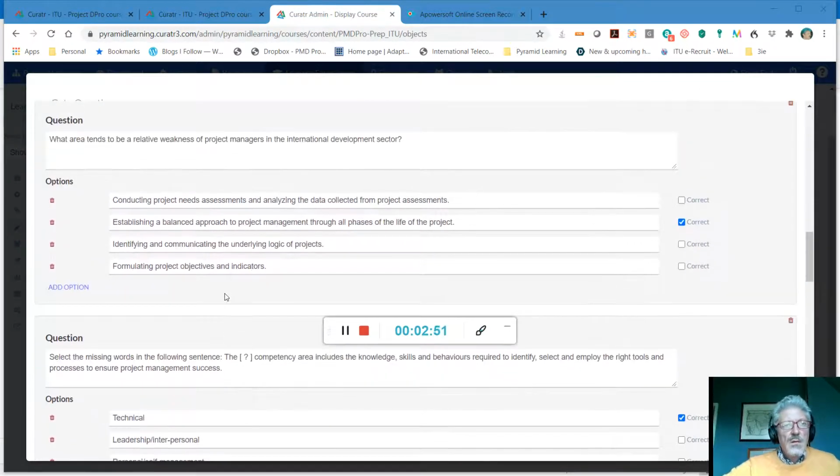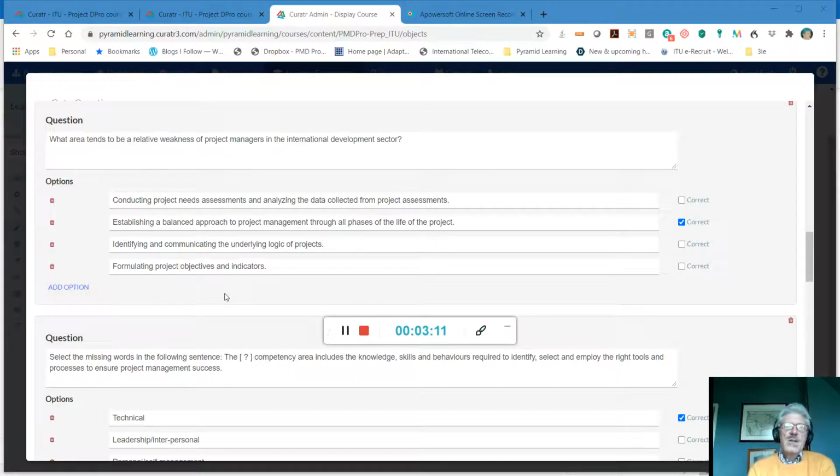Moving on. What is an area of relative weakness? Again, a bit trickier, this one. So needs assessment and analyzing data, the first option. Actually, I think that our sector is pretty good at this. So that's not a relative weakness. A balanced approach, B. Well, this is the correct answer.